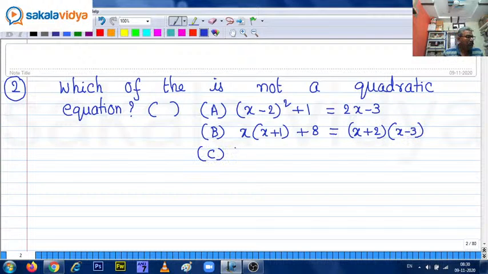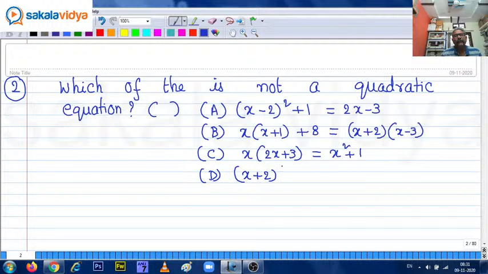Option C, x times 2x plus 3 equals x square plus 1. Option D, x plus 2 whole cube equals x square minus 4.